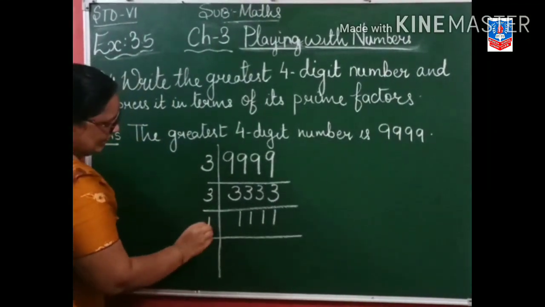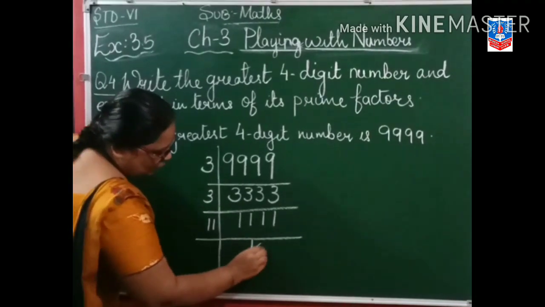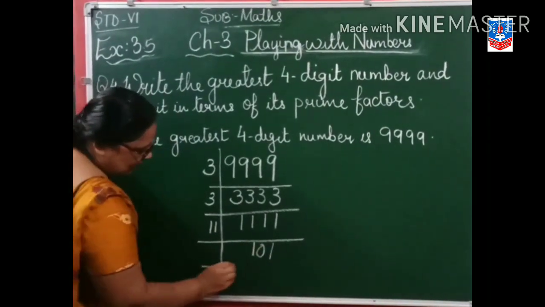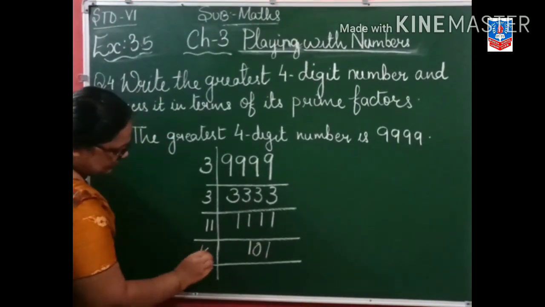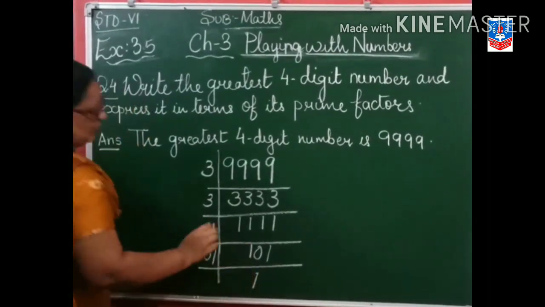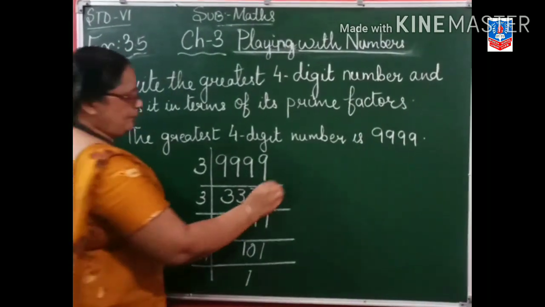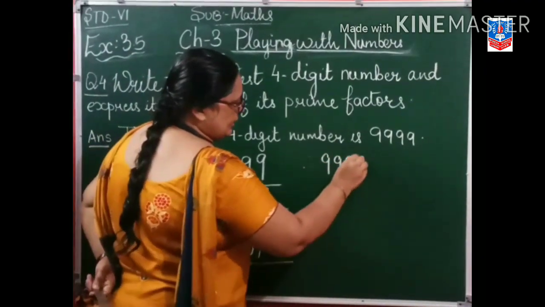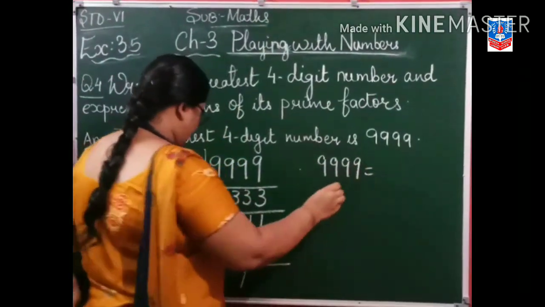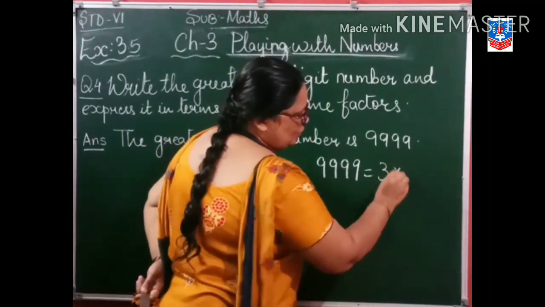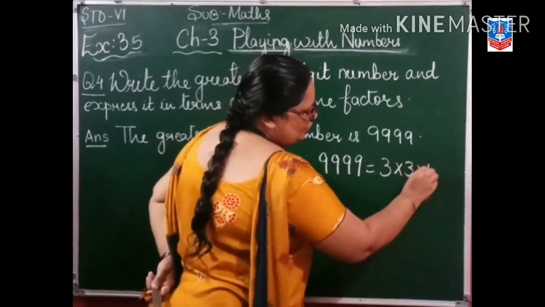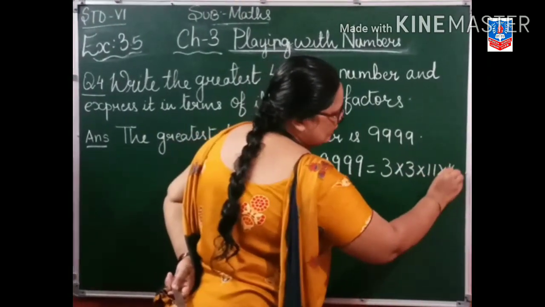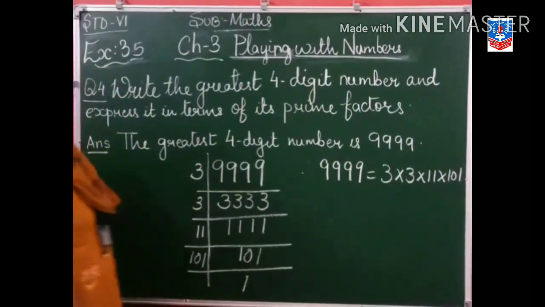Now with 11, 101. Last is 101. See, therefore 9999 is equal to 3 into 3 into 11 into 101.